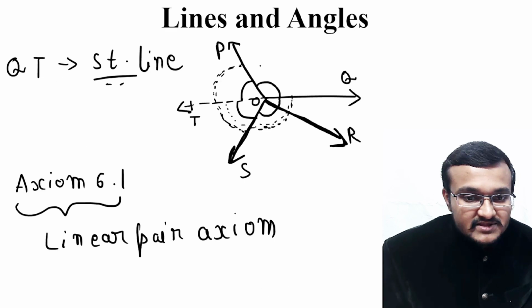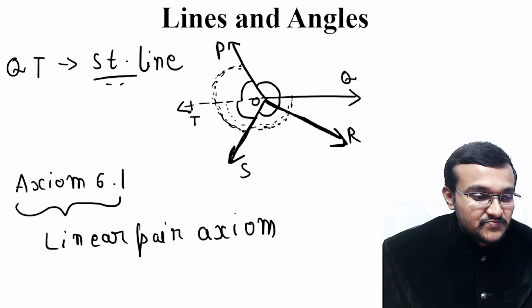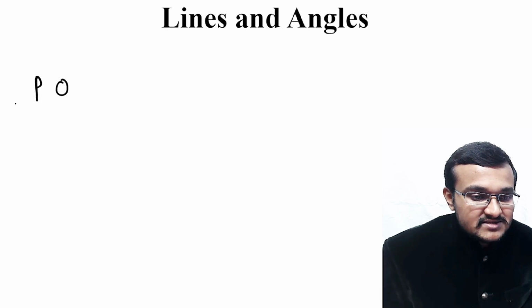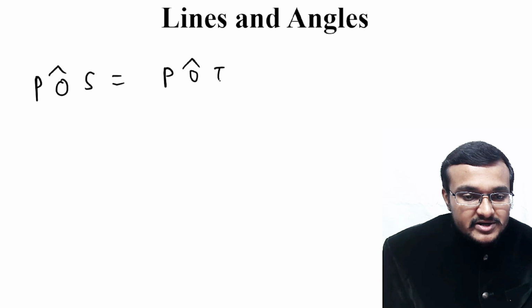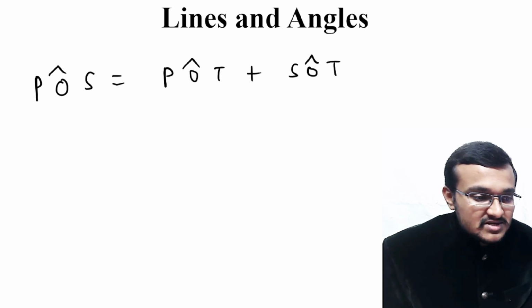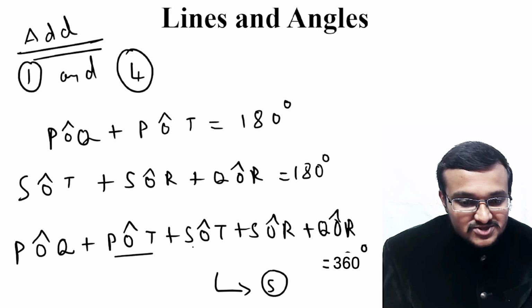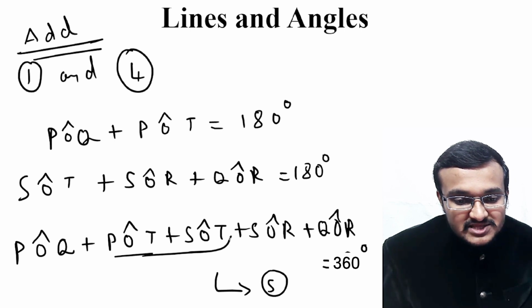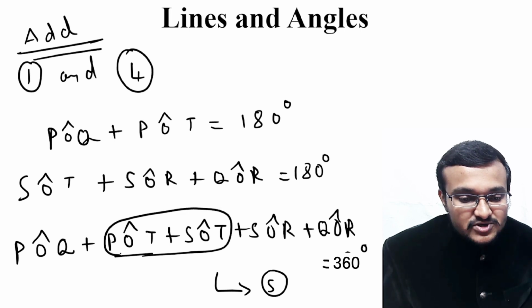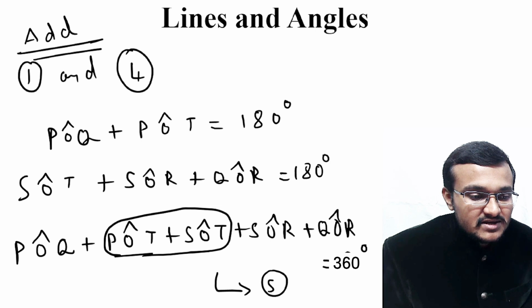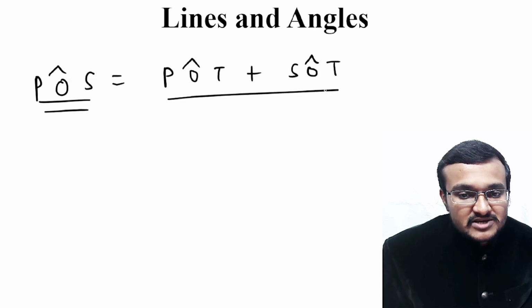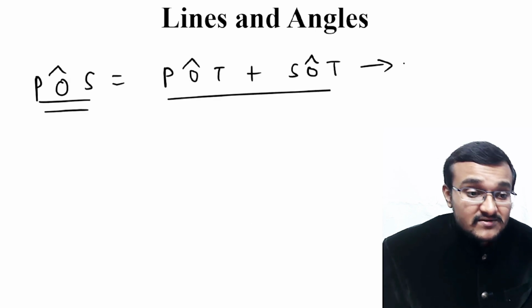So here you can refer the image one more time. So this is POS angle. So that POS is equal to POT plus SOT. Here in equation 5 you can see POT is also there, SOT is also there.